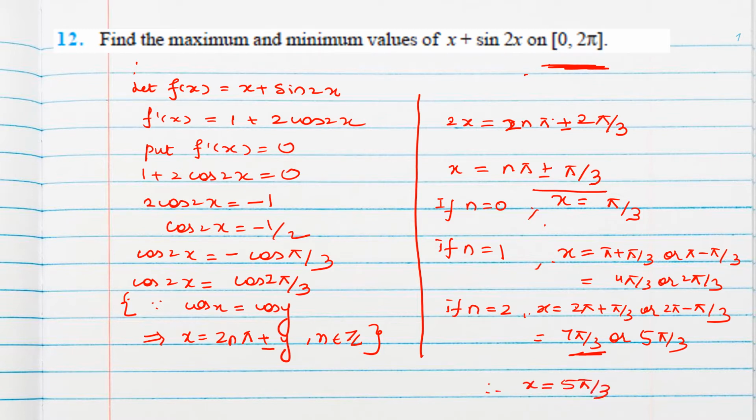Okay, so we got 4 different values of x and the endpoints of the closed interval also. We should find the value of f(x). We got x values π by 3, 2π by 3, 4π by 3 and 5π by 3.